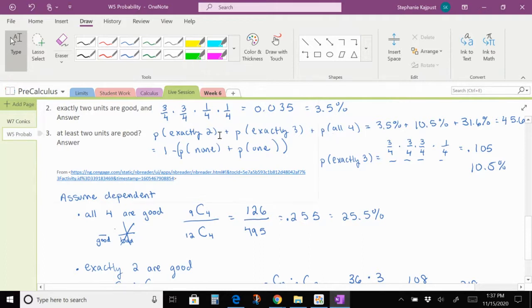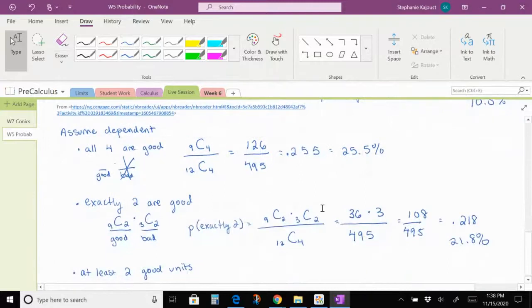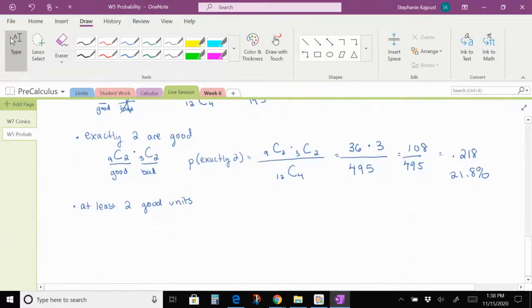The easier thing to do right now is to add the probabilities like we did here, but we need to find, well, what is the probability that exactly 3 of them are good? So there's 9 good ones. Now we're choosing 3. And then out of the bad, we're just choosing 1 instead of 2, so that we have 4 total. And then we have our 12 choose 4.